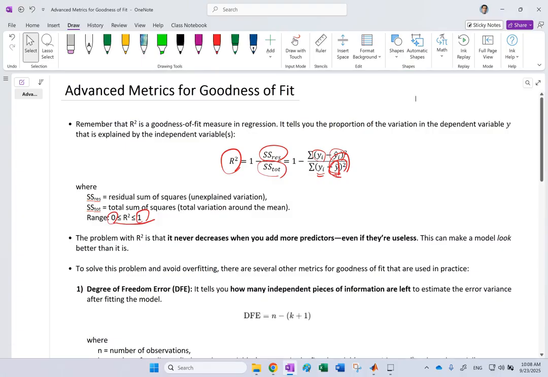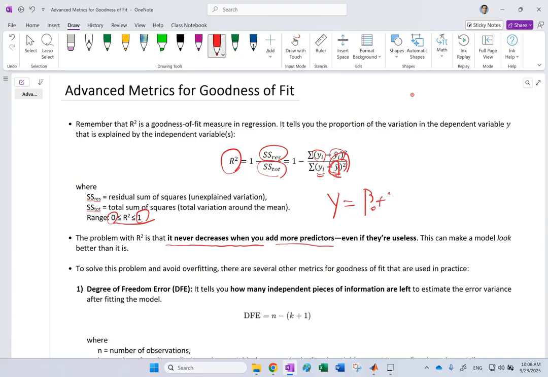Okay, so let me tell you what these metrics are and why we should have them in the first place. Well, the first problem is if you look at R squared, which is the most common metric that we know, one problem with it is it does not go down if you add more predictors. And what is a predictor? If you have a multi-regression like y equals, for instance, beta naught plus beta 1 x1 plus beta 2 x2, here your predictors are x1 and x2, or your independent variables, right?